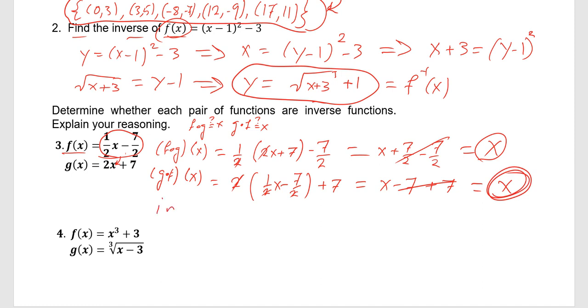So both of these functions are inverses.